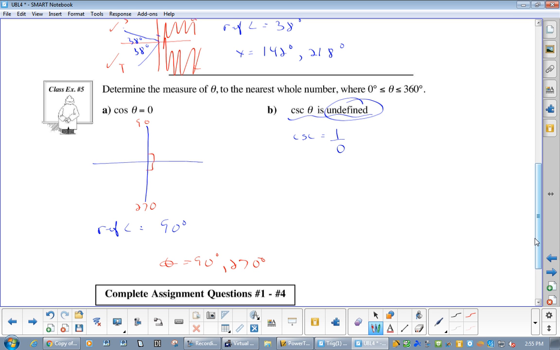Who's cosecant's buddy? So sine equals 0. And when does sine equal 0? Zero, 180, and look at the domain, 360.